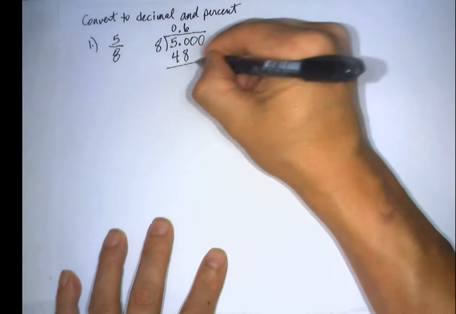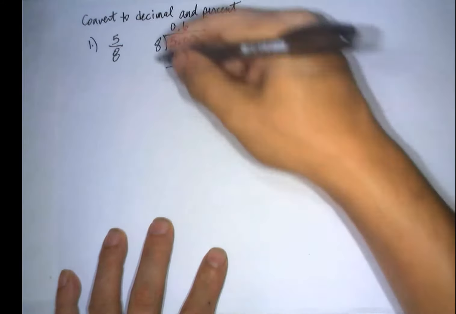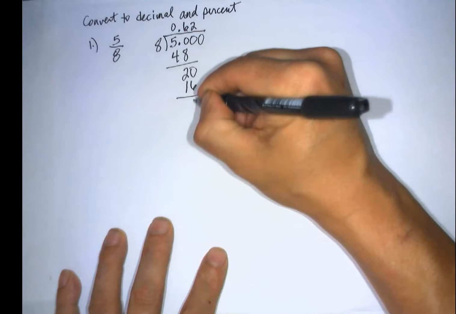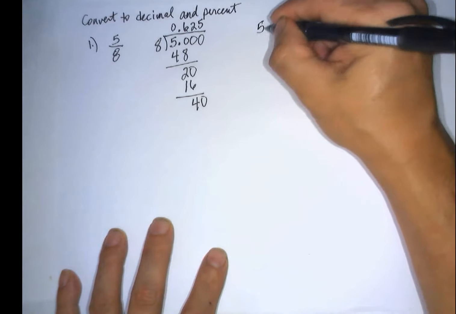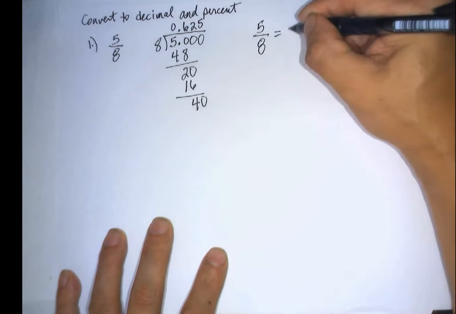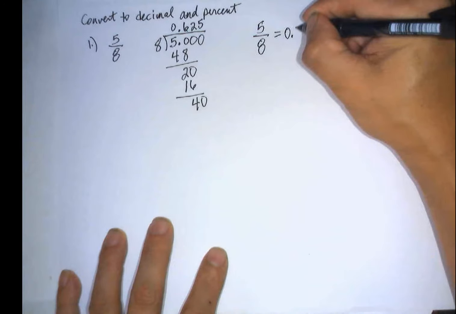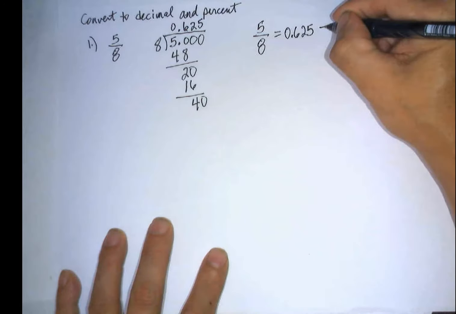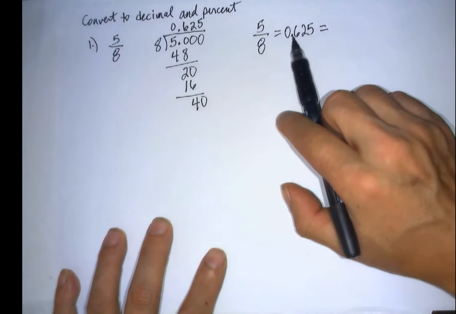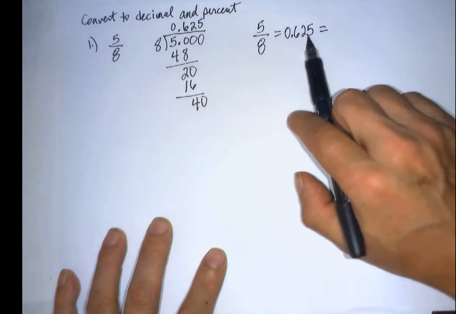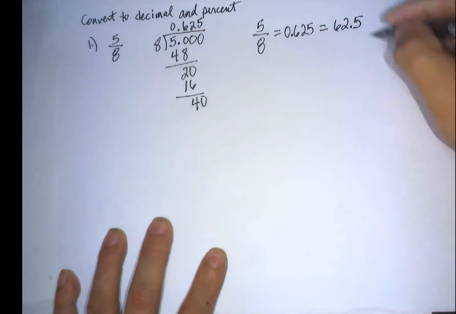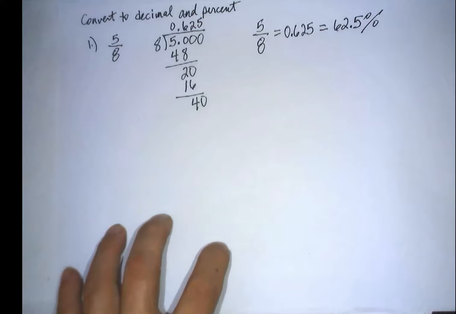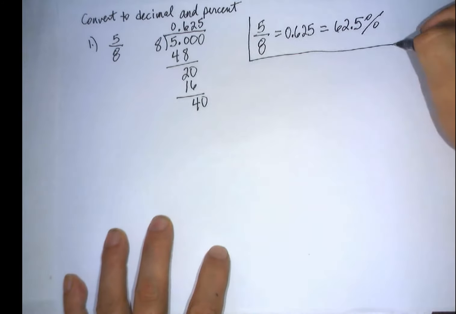Now we subtract and get 2 left, so 20. 8 goes into 20 twice. 2 times 8 is 16. And then we get 40 left. So we can say that 5/8 is 0.625, which is also, if we go to percent, we just move this decimal place 2 places to the right and add a percent sign. Okay, so those are the 3 forms of 5/8.